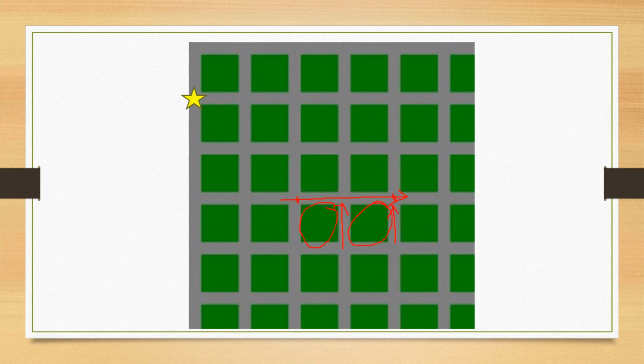Okay, so if I say, starting here, turn right or face right, face that direction, and go down 2 blocks, I will end up right here. Okay? So, now I want you to listen very carefully.